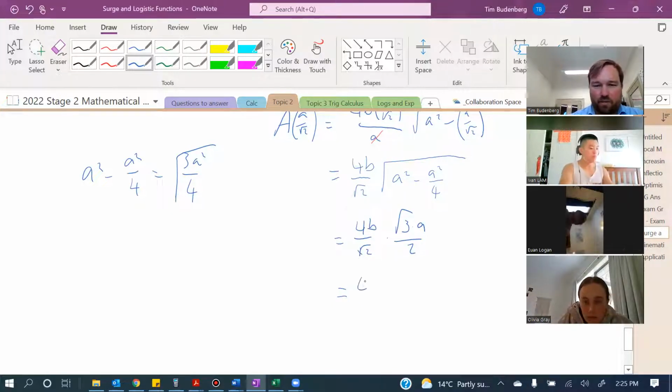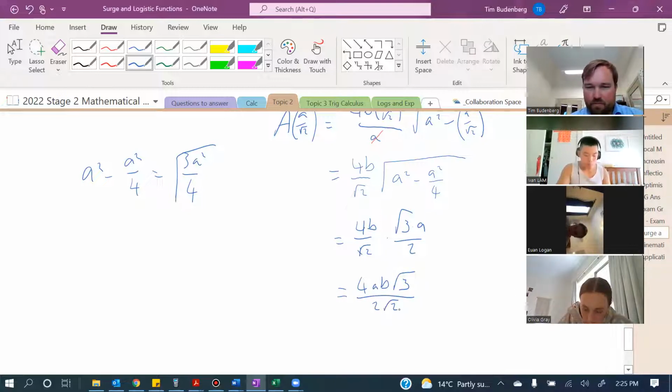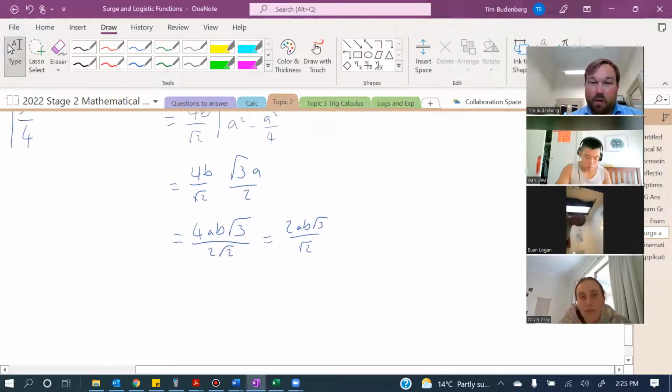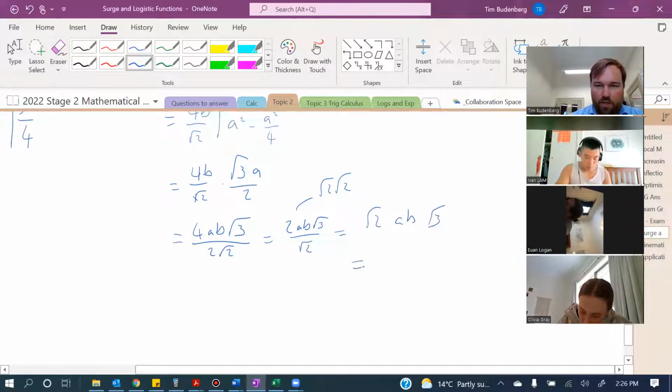It's not pretty, is it? 4AB root 3 over 2 root 2. Then we can cancel out the 4 and the 2, giving us 2AB root 3 on root 2. We can probably go a little further. I reckon 2 is root 2 by root 2, so we can cancel the root 2 on the bottom, and that leaves us with root 2 AB root 3, which is AB root 6.